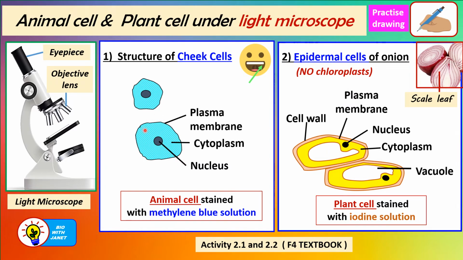In the cytoplasm, you can see some dark spots. Those could be the organelles, or tiny structures within the cell that carry out different functions. So we'll discuss more of the organelles later. So that's all you can see of the cheek cells under the light microscope, which is not a very powerful microscope. If you use another type of microscope called the electron microscope, you'll be able to see the organelles inside the cytoplasm.